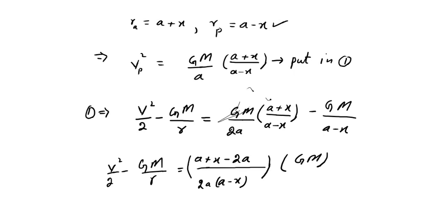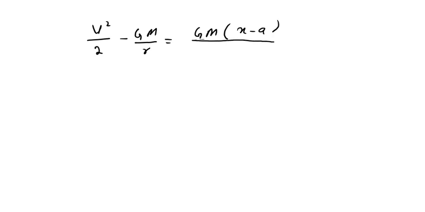It's very simple. Now by calculating that and taking negative common, in the final version, let's calculate x minus a, divided by 2a into (a minus x).